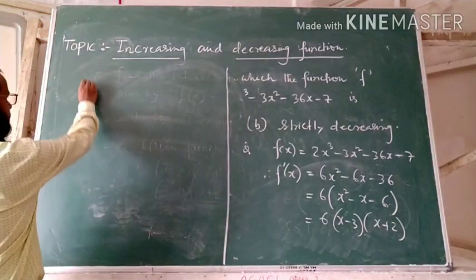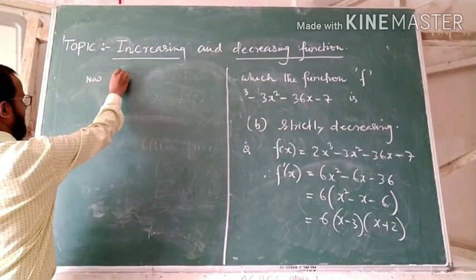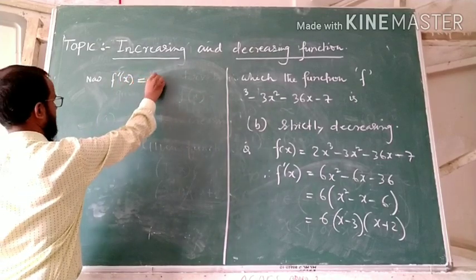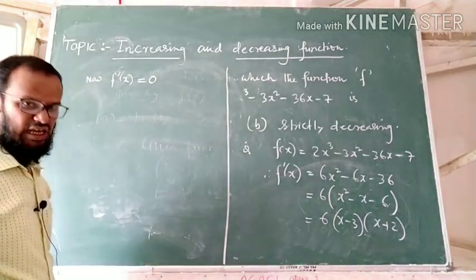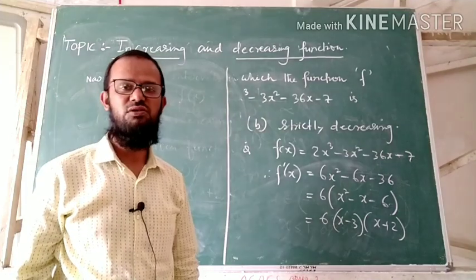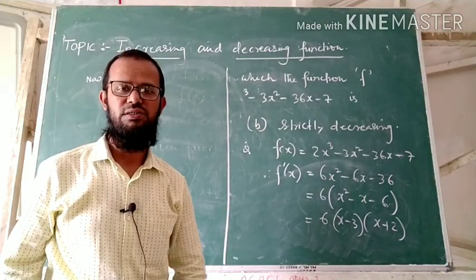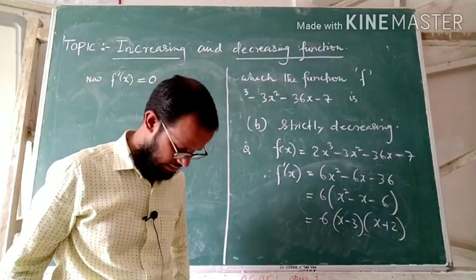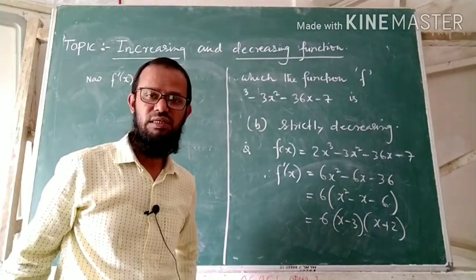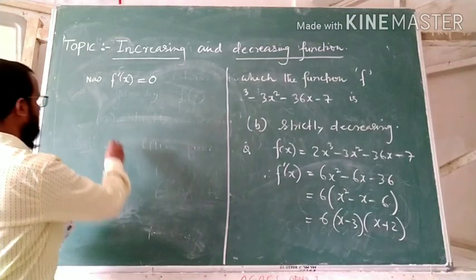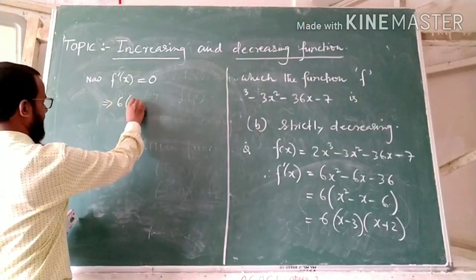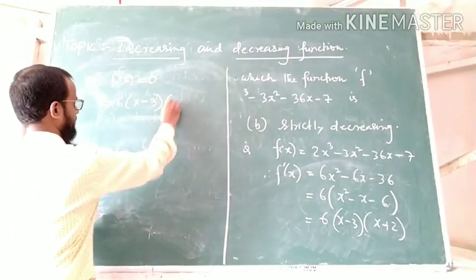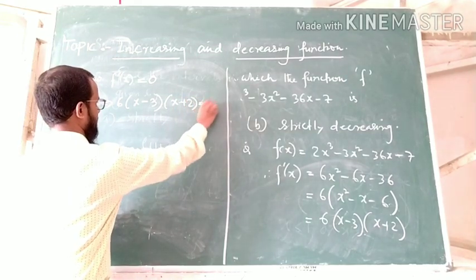Now you put f'(x), the rule is you have to put f'(x) equal to 0 first. And after putting f'(x) equal to 0, you have to find what? Critical points. Your main objective is to find critical points. f'(x) = 0 implies 6 into (x - 3) into (x + 2) = 0.